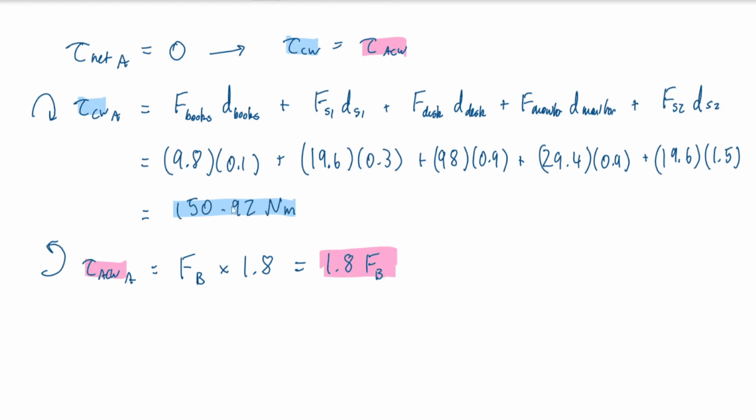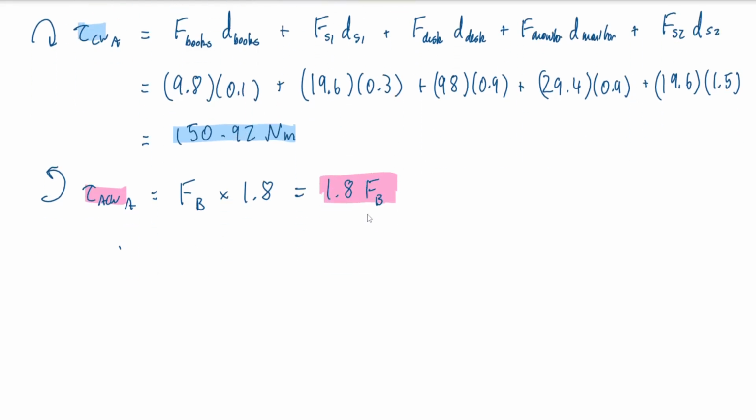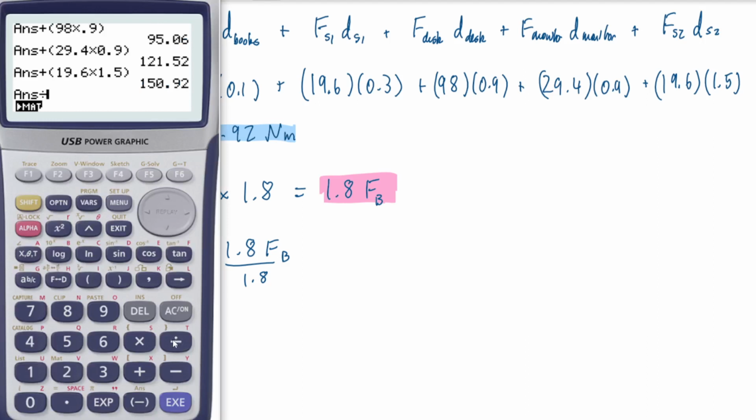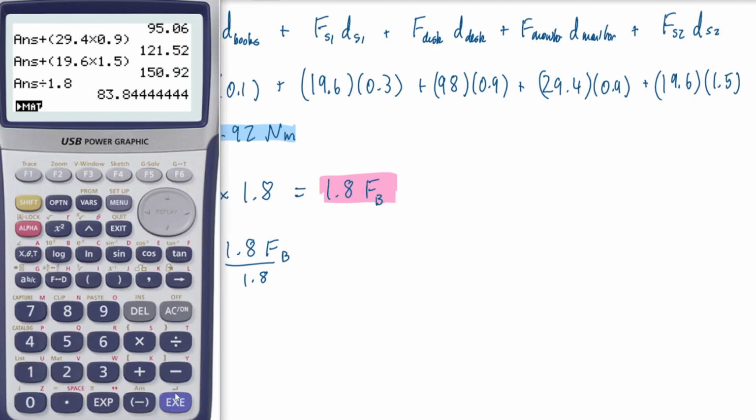So setting 150.92 equal to 1.8 times FB, we have formed an equation with one unknown, FB, so we can solve. So we'll divide both sides by 1.8 to give us FB equals 150.92 divided by 1.8, 83.84444.